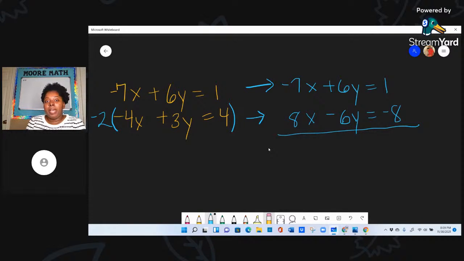Now, when we add them together, what are we getting? 1x equals negative 7. Good. And they made our lives really easy.